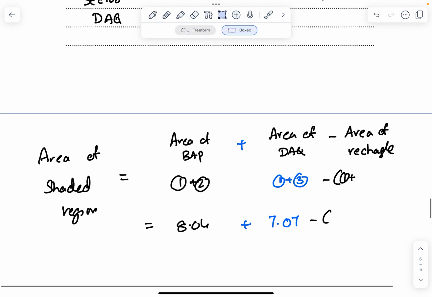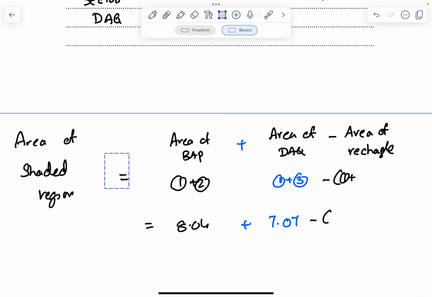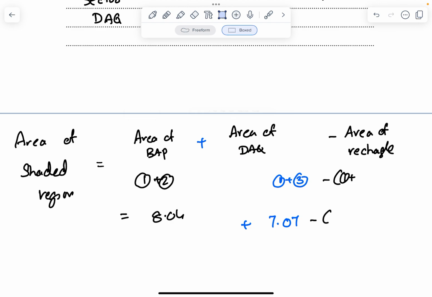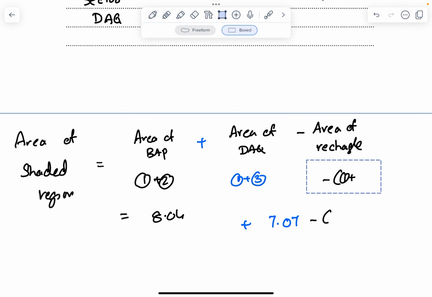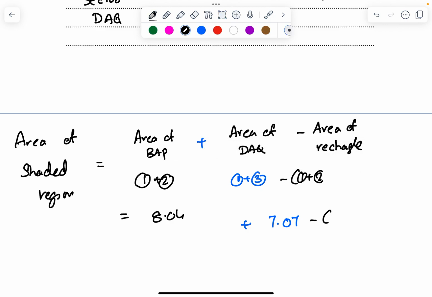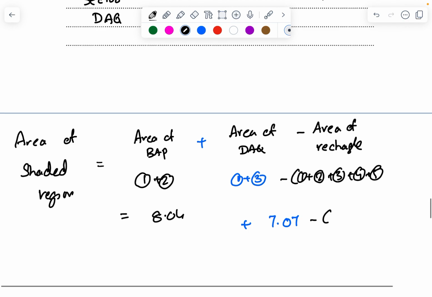So for the area of the shaded region, the area of BAP I found is 1 plus 2, the area of DAQ is 1 plus 3. Then I subtract the area of the rectangle, 1 plus 2 plus 3 plus 4 plus 5, which is 15.